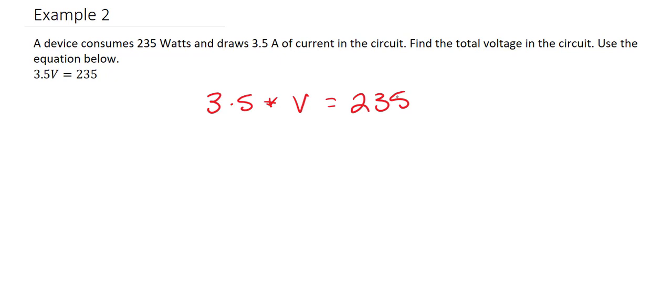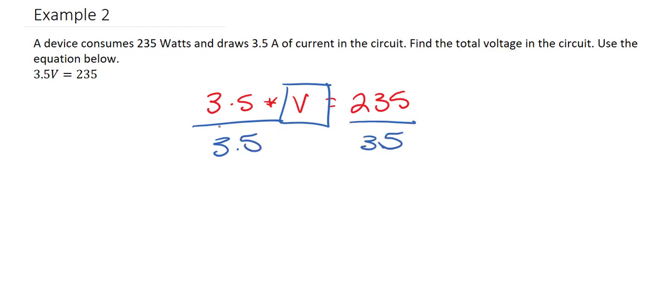So 3.5 times V is equal to 235. Well, in order to get V all by itself, that's our whole mission, is to get V on one side of the equation and the numbers on the other side. We're going to divide by 3.5 on both sides. This just becomes 1, so 1V is really just V. You can write 1V, it means the same thing.